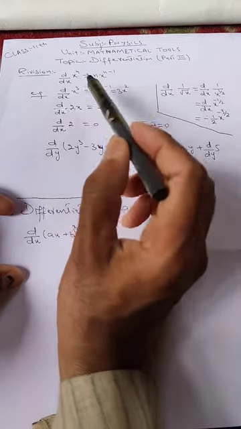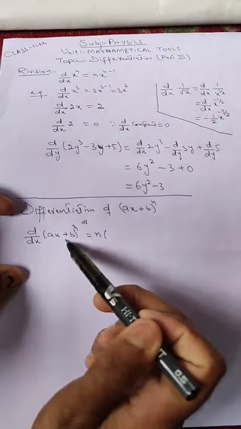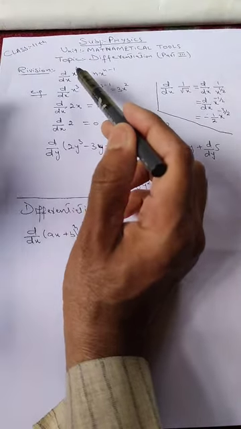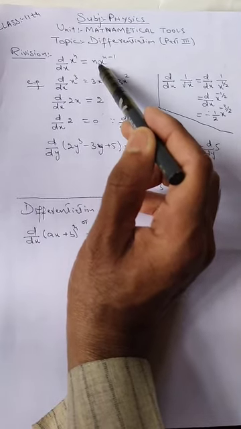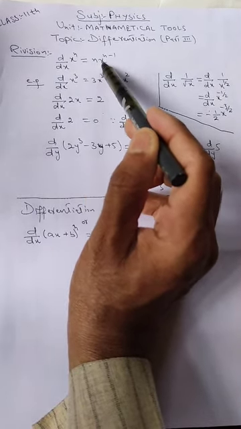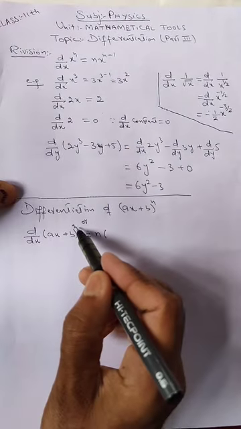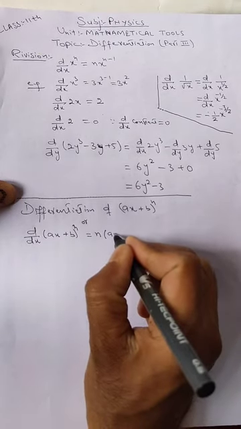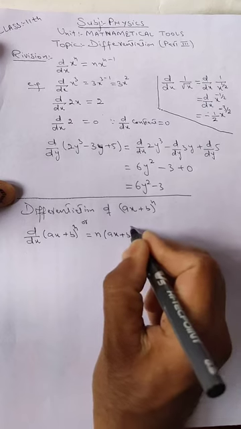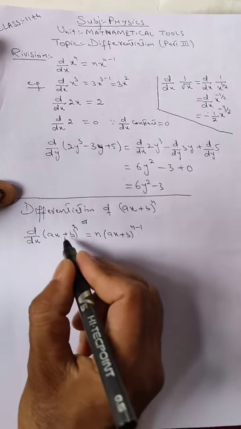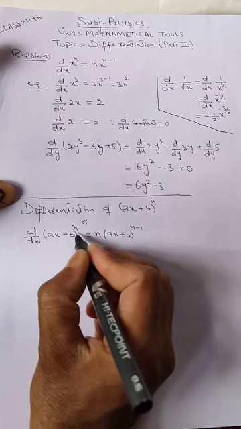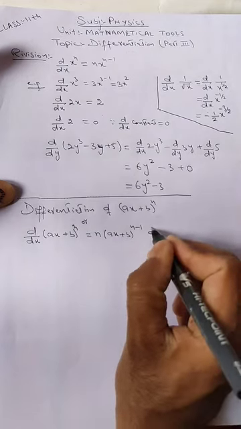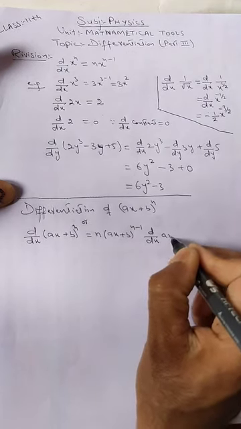If we take this relation in place of x, then in place of n it is n, and in place of x here is ax + b, so it comes to be n(ax + b)^(n-1). Then, when we have a whole power, at last we have to differentiate this factor again, meaning d over dx of (ax + b).